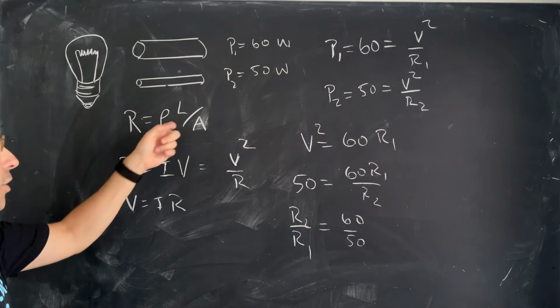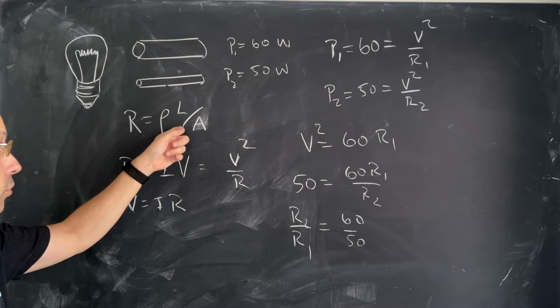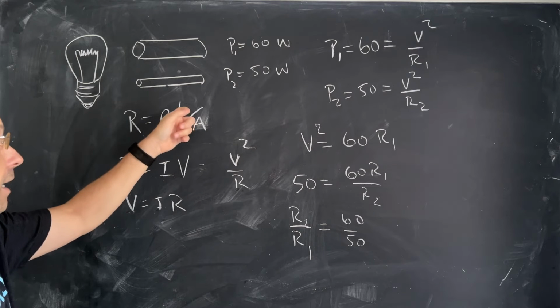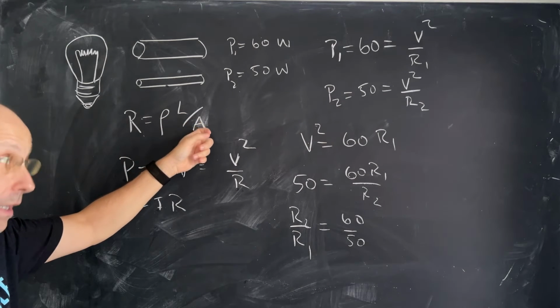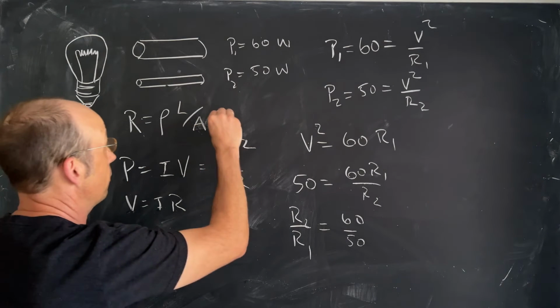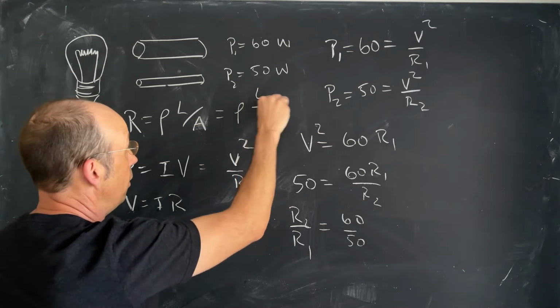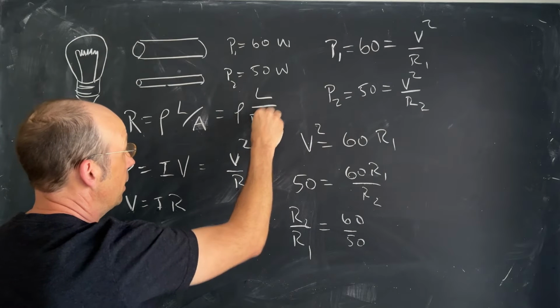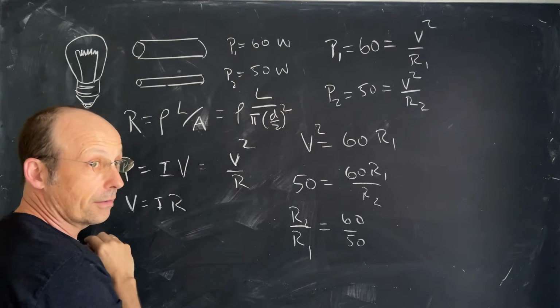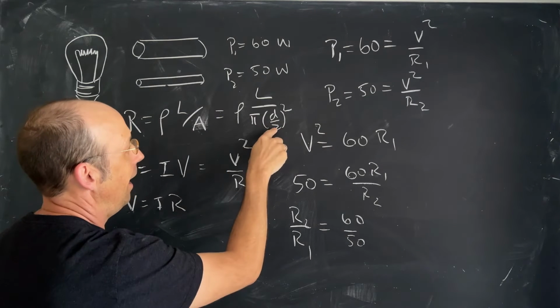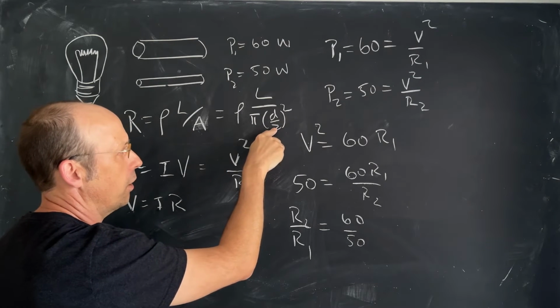But I want to get that in terms of diameter. So let's just use this up here. They're the same resistivity, the same length, they have different areas. And instead of the area, I want it in terms of the diameter. So I can write this as rho times L over pi times (d over 2) squared. That's the area, right? And that's going to be equal to d squared over 4.